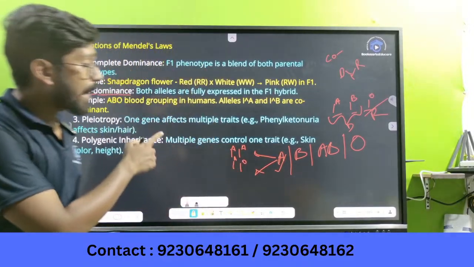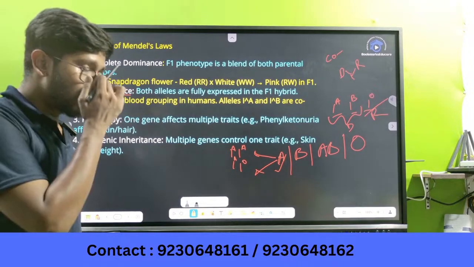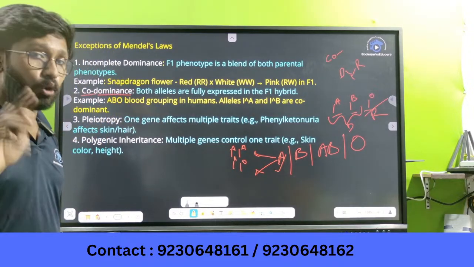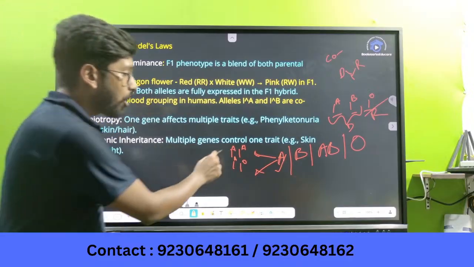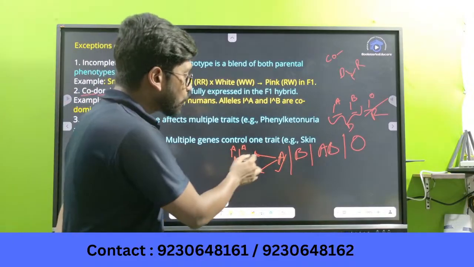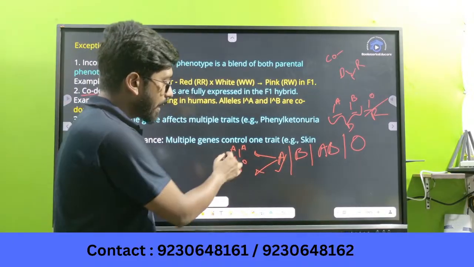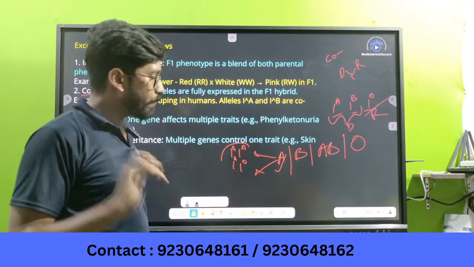Okay, you can write different things, but don't in the exam. You can remember it however, but in exam always write it like this, or else they will deduct your marks. So we have two options, IAIO and IAIA. Both of these will create only A blood group.